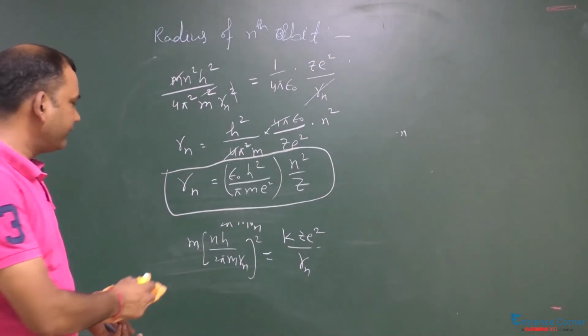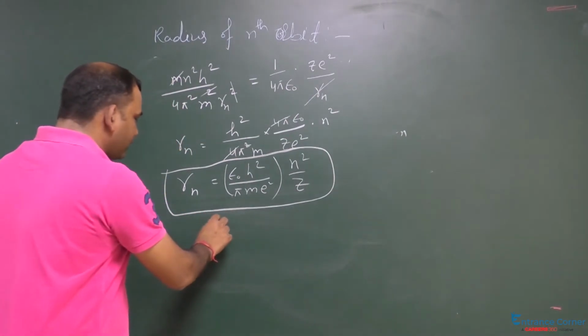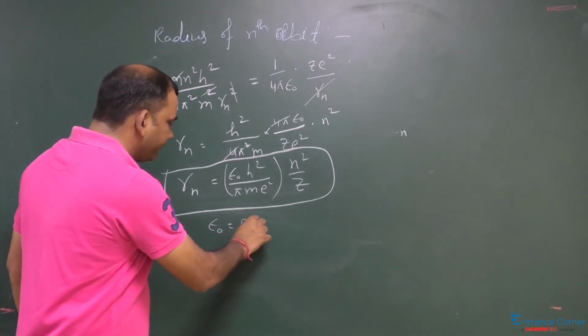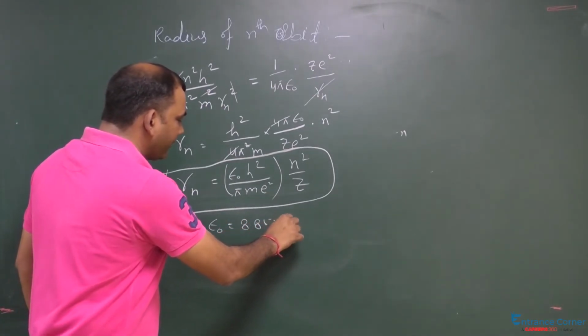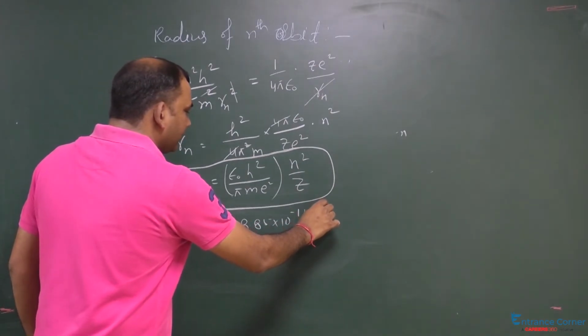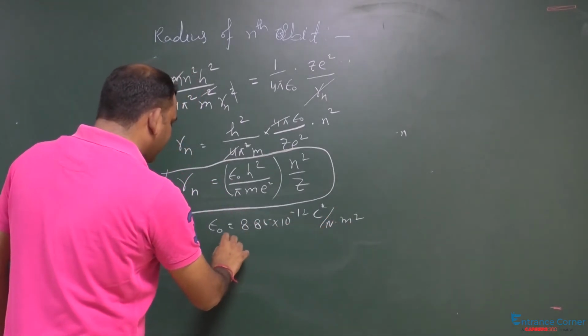Now, we put the values. What is the value of epsilon naught? Epsilon naught is equal to 8.85 into 10 raised to power minus 12 coulomb square per newton per meter square, and what is the value of h?